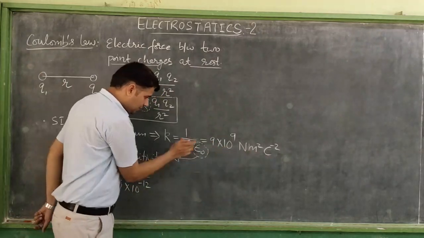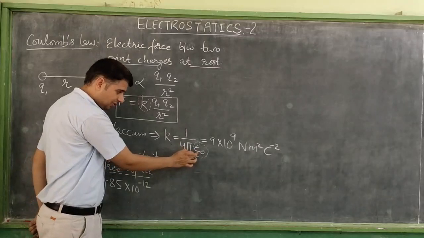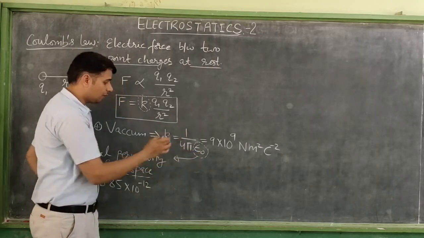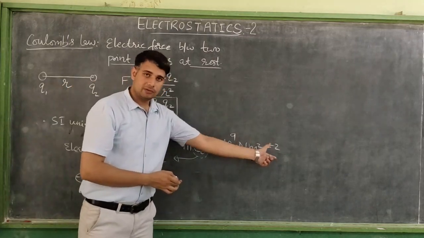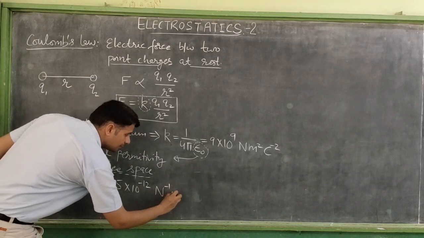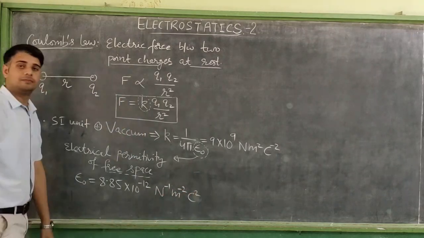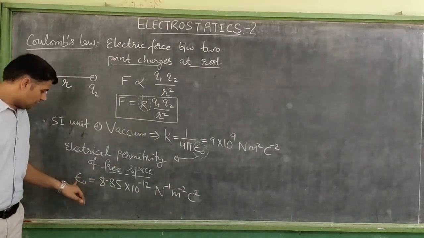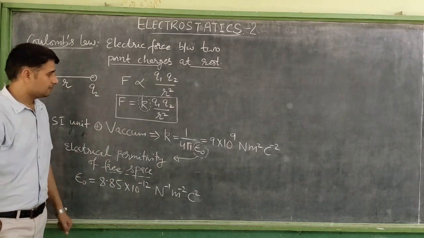Since K is 1 divided by 4 pi epsilon naught, the SI unit of electrical permittivity will be the reciprocal of that of K. So I can write it as Newton inverse meter minus 2 Coulomb 2. This is the numerical value of electrical permittivity in free space.